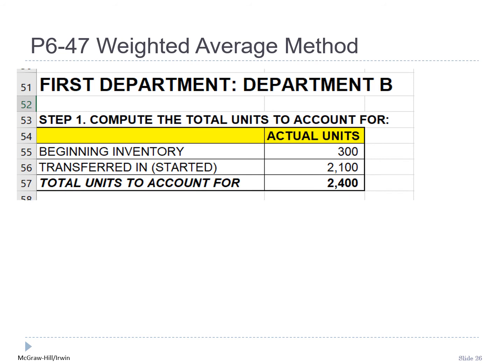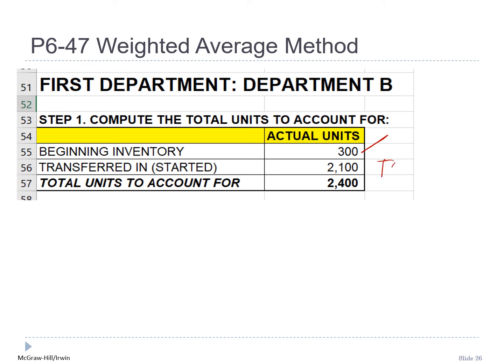Ayan. Now, let's continue the discussion in the second department. So, first, ang given lang is 300. According to the problem, ang beginning inventory for Department B is 300. And the transferred in is 2,100. Paano ko na-compute yung 2,100?